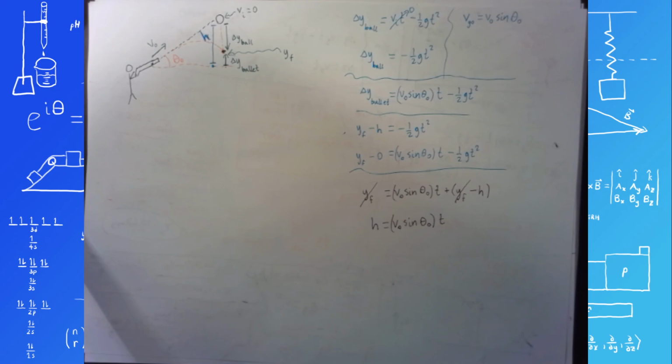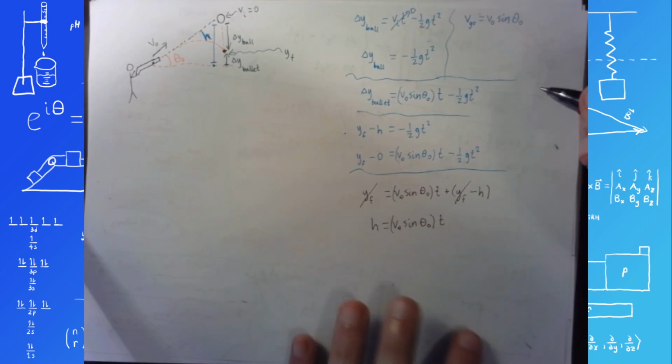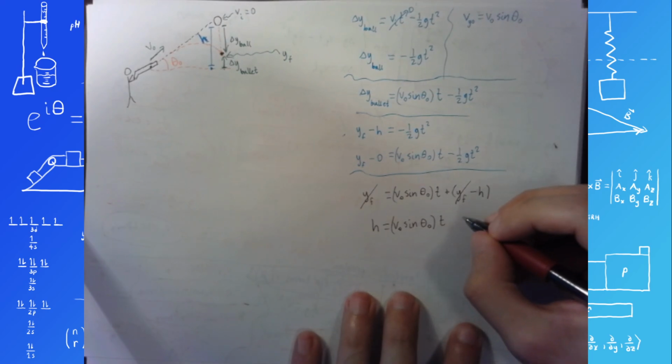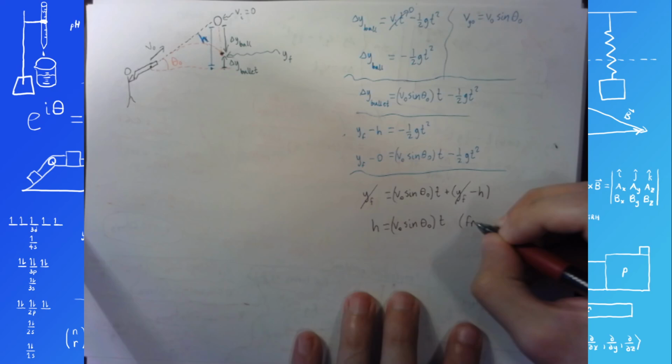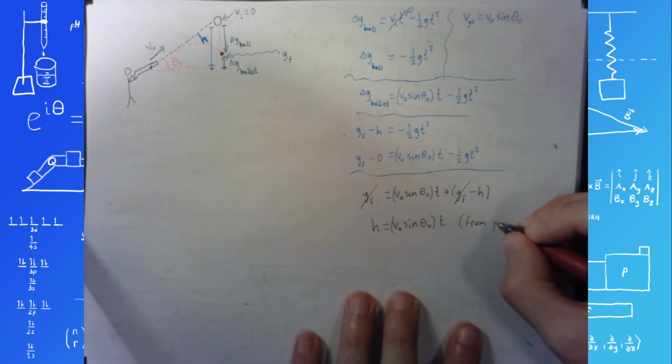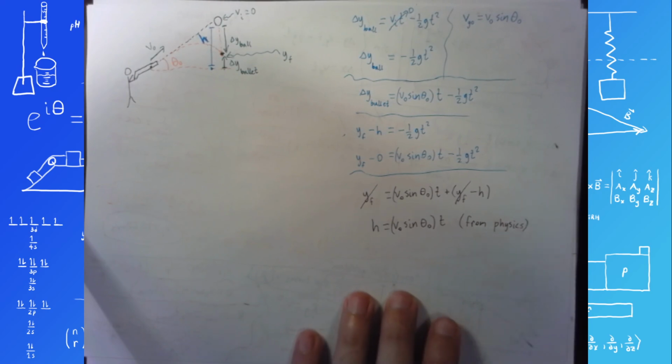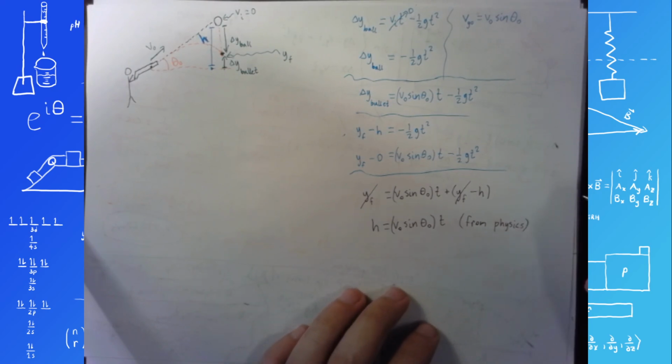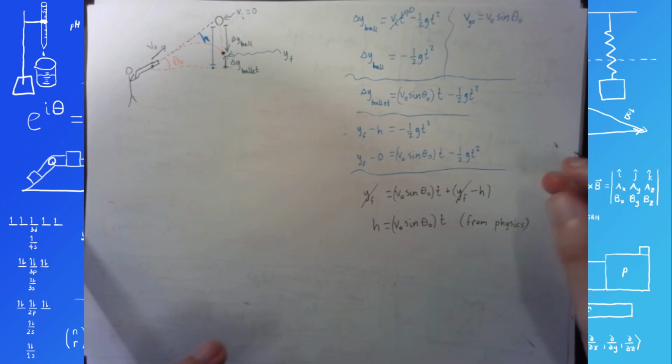There's no need to have separate stopwatches for them, since both of them start moving at the same time. Okay, so I've got that expression. This is what we got from physics.